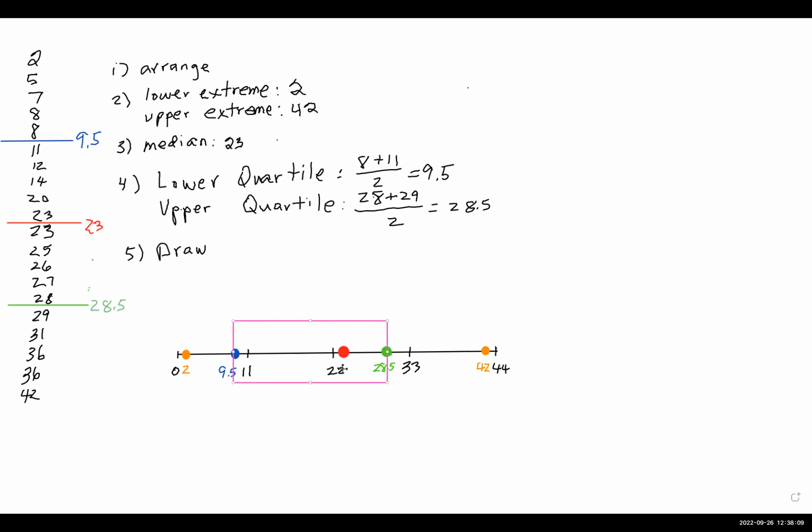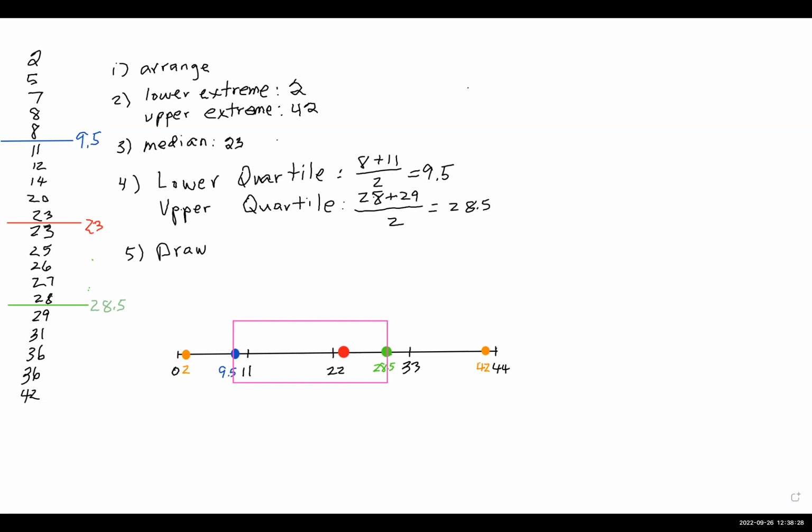It should go right through that lower quartile, that 9.5. Pretend that goes right through the middle. You don't want to watch me struggle to draw that all over again. All right, so there's our box and our whiskers.